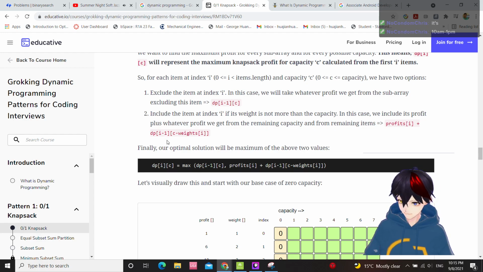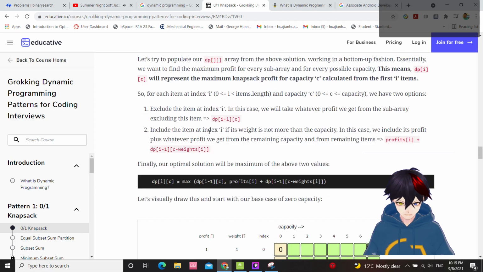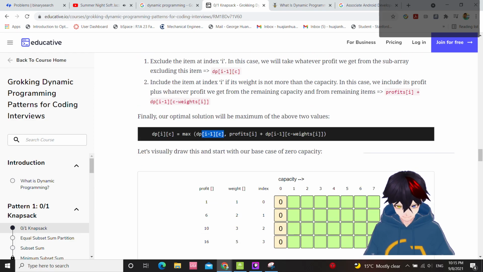DP of I minus 1, C minus weight of I. What's weight of I? Or like take this, basically it's either the max between not taking the item or taking the item using the capacity.